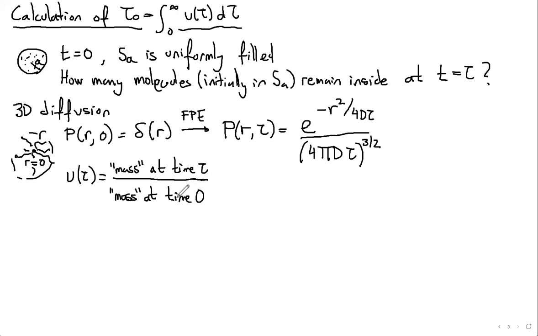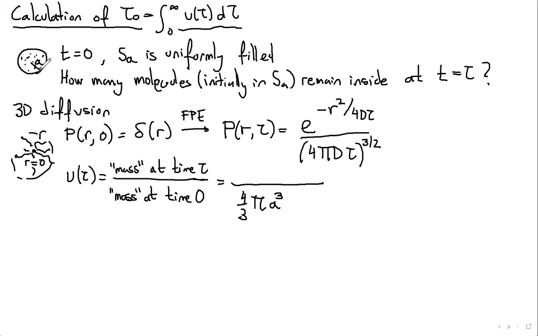And the way we do this is the following. Initially, there's a uniform distribution. So we will have here volume times density. We will say the particles have mass 1, so this will be volume times density. We call it density 1 initially.